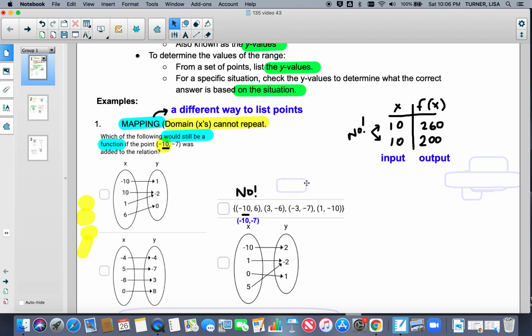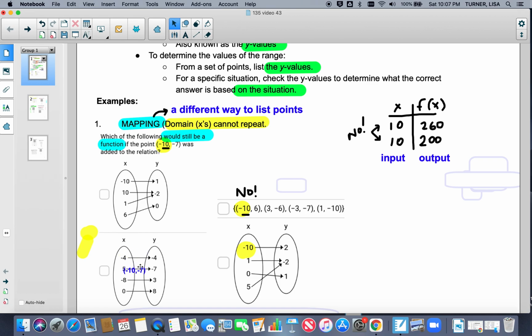And so this is a no. I cannot, and this is my example there, that I have a -10. So when I'm looking to decide if something's a function or would still be a function, I'm looking at only the x values, and I'm looking for repeats. And again here, nope, that is not a function if I would add the point -10, 7.